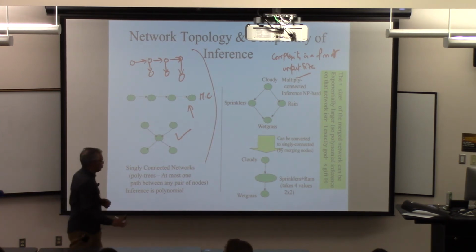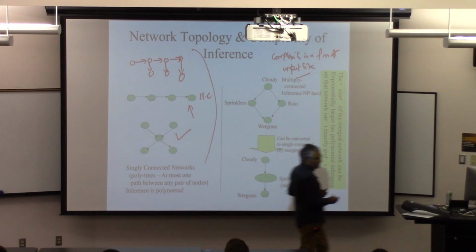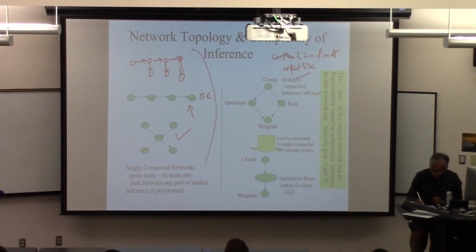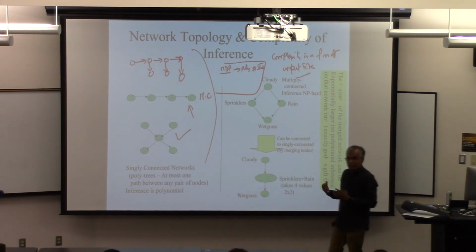If you don't believe me, think of the following scenario. We told you MDPs are polynomial in number of states. MDP inference, computing policies, is polynomial in number of states.